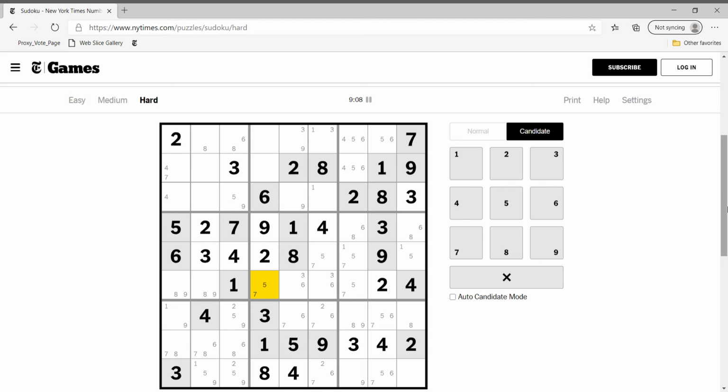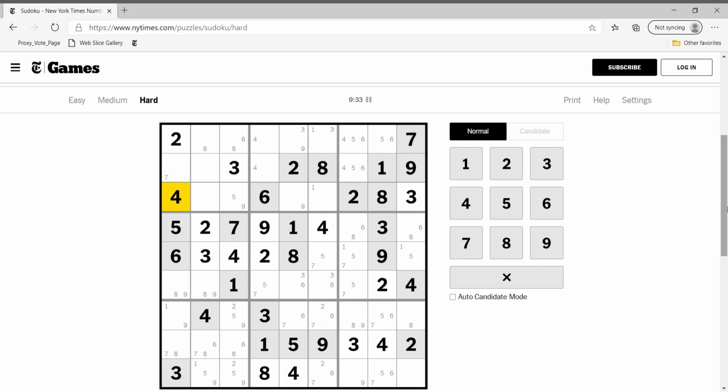Okay. And then did we learn anything about 1? Not as much, but we do know 4 is either here or here, right, in this box. So because 4s are in these rows, this cannot be 4. This has to be 4.